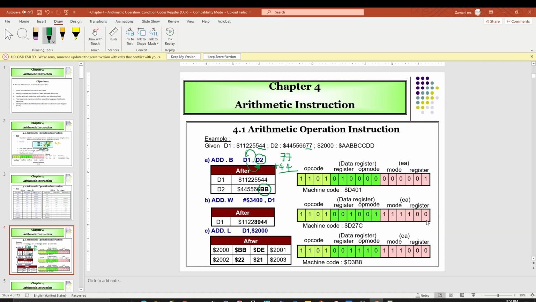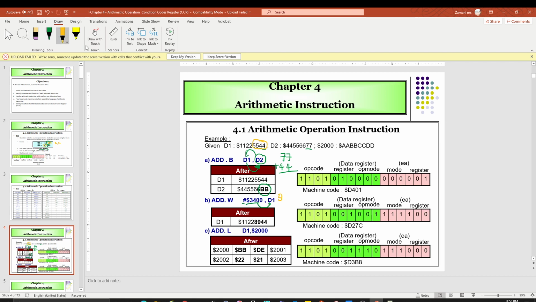Very simple. Now let's move to add.w with hash. The hash $ sign means a constant number. You must add it to D1 and save back to D1, so over here you are going to save a word size. D1 is given as 5544, which is a word size.